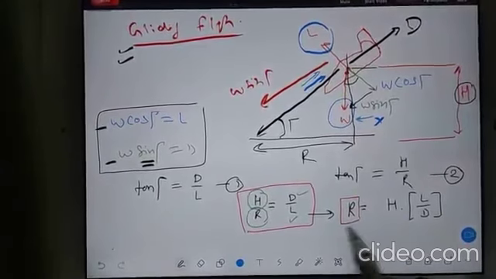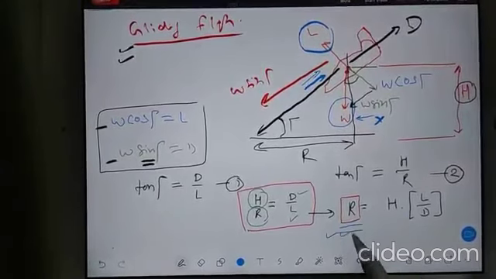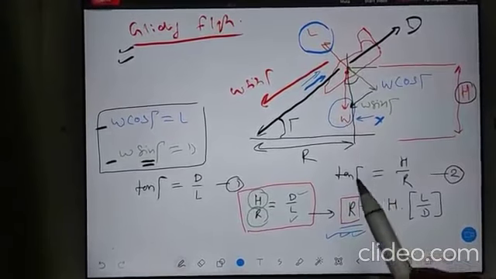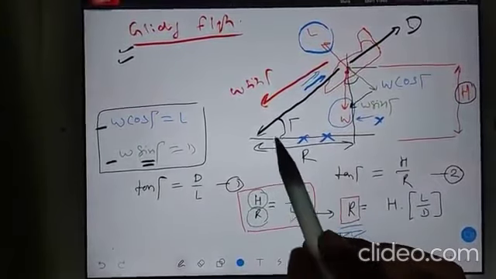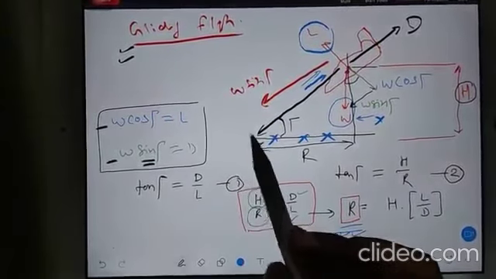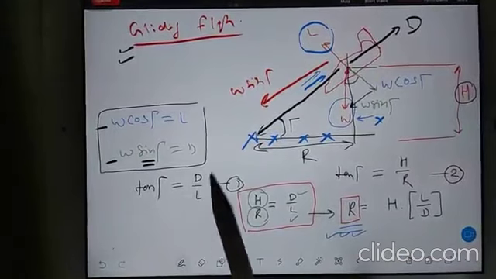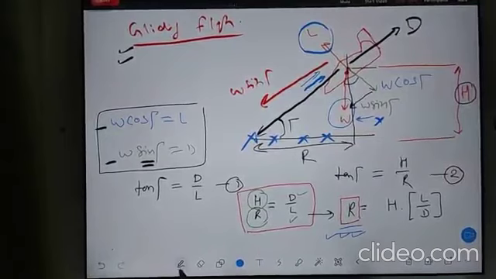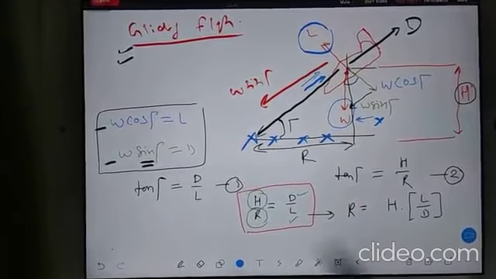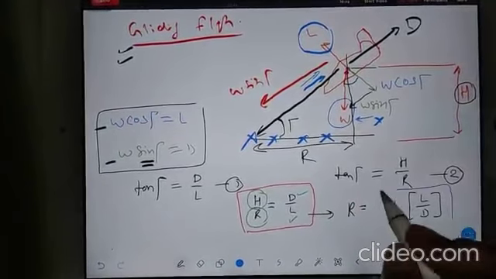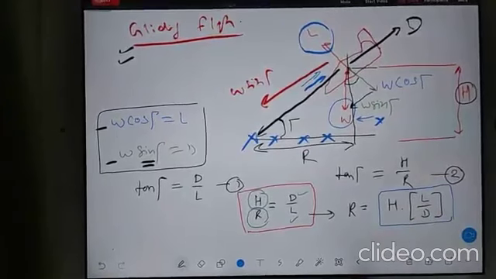Suppose any accident happened and you want to land somewhere, but that landing location is not near, so it is far. It means you have to make your R max. To make R max, you have to think which property should be maximum and which should be minimum.